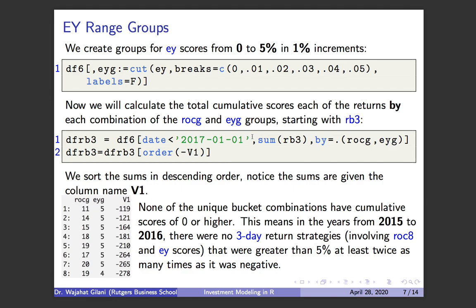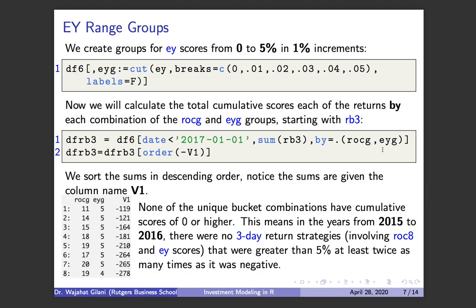When it sums up 2015 and 2016, let's take the first grouping pairing. For ROCG, we're looking at a scenario where the ROC8 is greater than 0 but less than or equal to 10%.